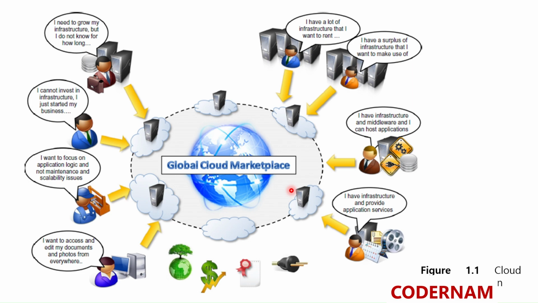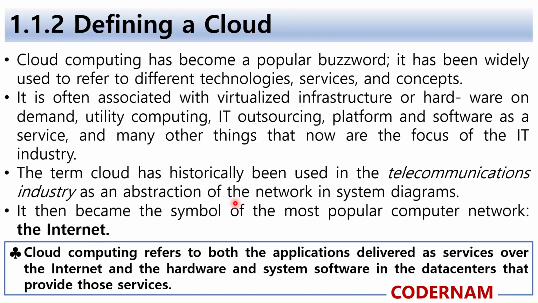If you see the cloud computing vision in a diagram, some people want to host applications, where can they host? Some people want to access applications, where can they access? And some people have a large amount of infrastructure and want to make use of it. So for every type of need, this plays a major role.